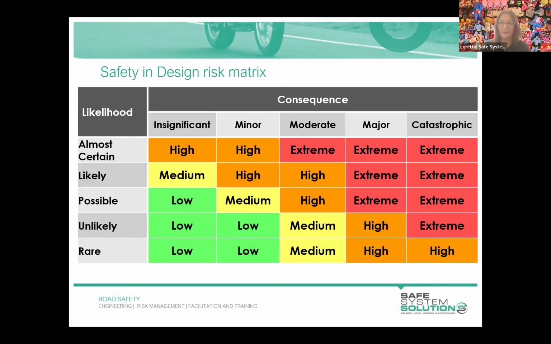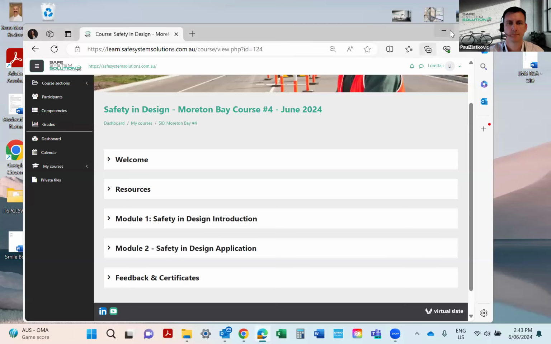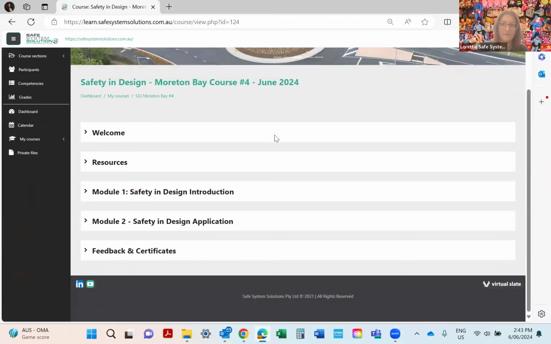Yep, so hopefully everyone has been able to log in. If you haven't, let me know and I will help you out. But I feel like most people have. I'll just quickly share my screen anyway. All right, you can see that there?